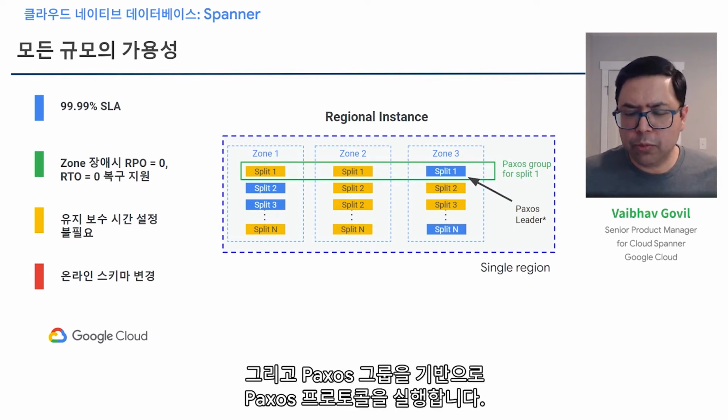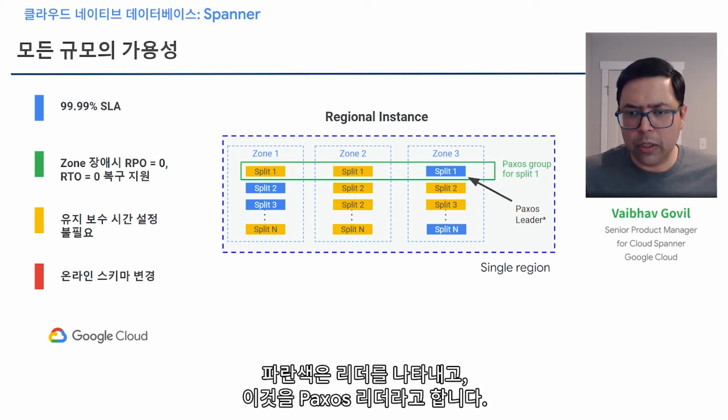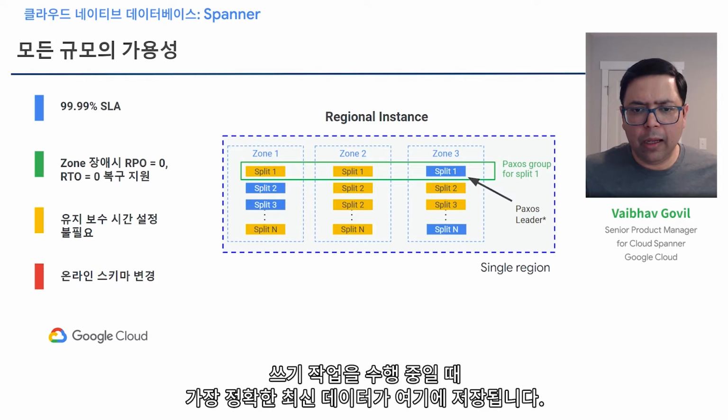And we run a Paxos protocol. So basically, it's a Paxos group. One of those 3 splits in one of those 3 zones is going to be the leader. The blue ones represent the leader. And this is called the Paxos leader. And basically, that is the one which holds the latest and the greatest data in terms of when you are doing the writes.